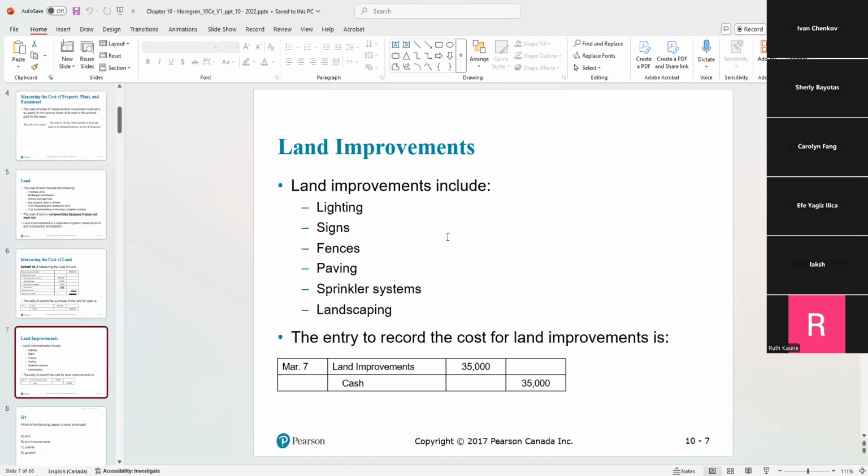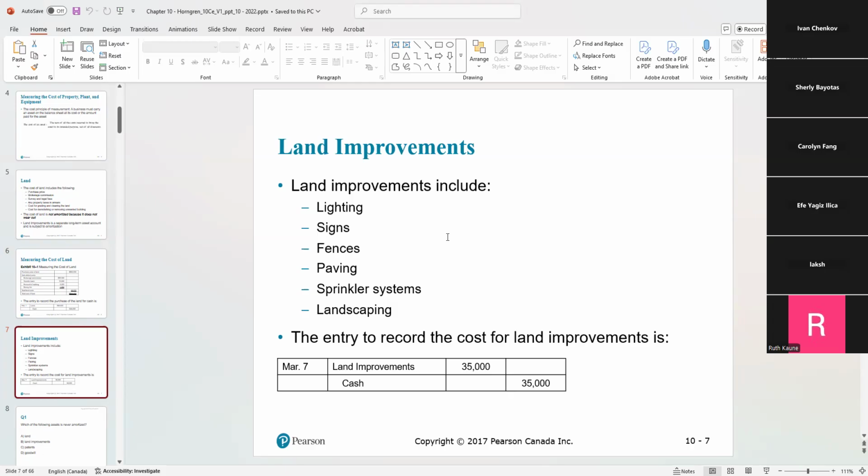I purchased the place, the land is ready, I can start growing my potato. But I want to plant my potato at night because during the day I have lectures. So what do I have to put? I have to put lighting everywhere. Is that going to be part of the land? No, that's a land improvement now.